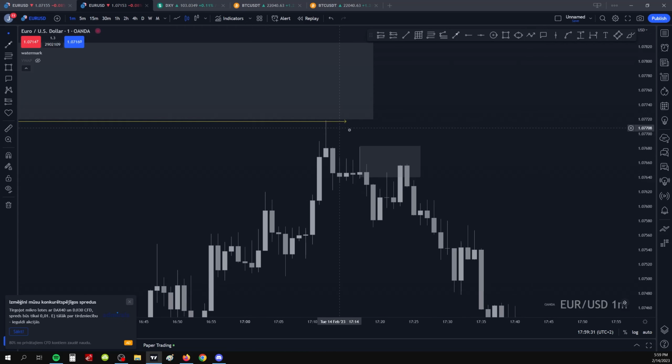Well, because we took the inducement. And we went down. We created this pattern and we mitigated this wick with this candle. And we broke down. We created another high here, which serves as an inducement.